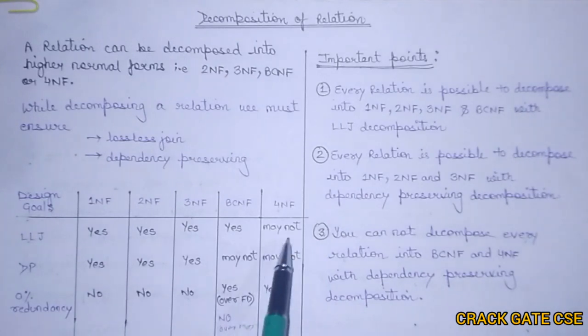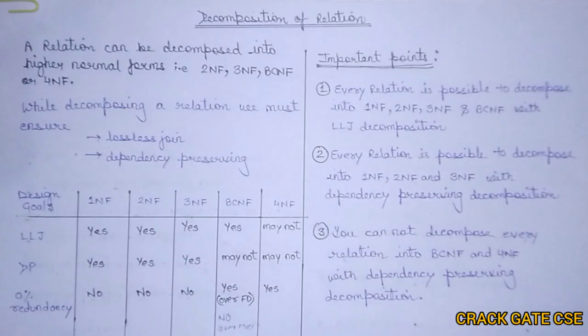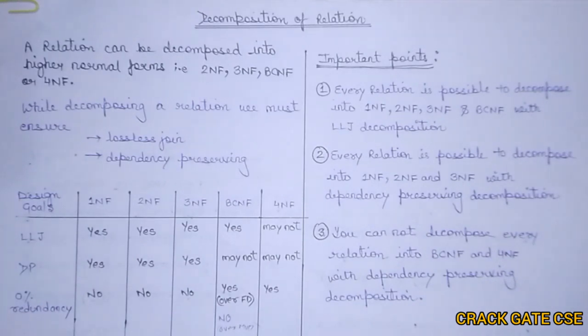In 4NF, it is not possible to guarantee lossless join and dependency preserving. You can decompose into 4NF, but it will not guarantee the lossless join decomposition and dependency preserving decomposition. But yes, it guarantees 0% redundancy. That means whether the relation has single valued or multi-valued attributes, 0% redundancy can be achieved.